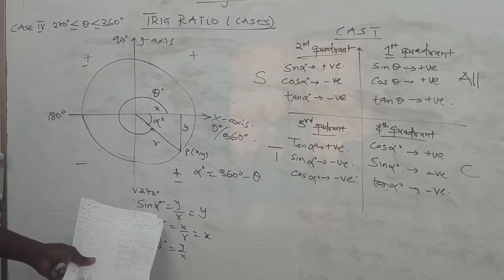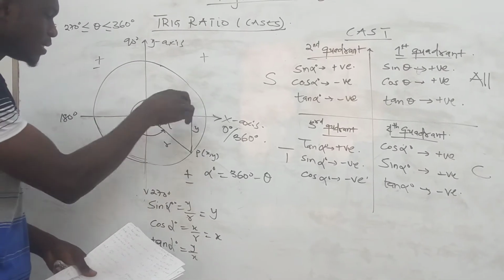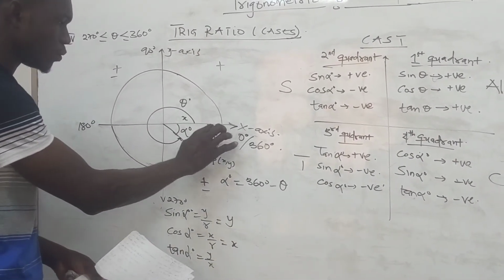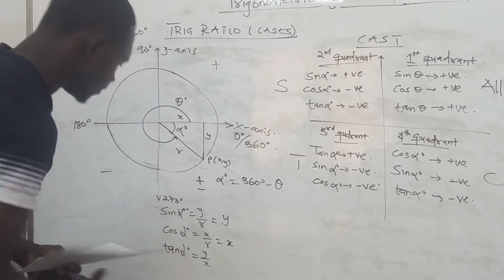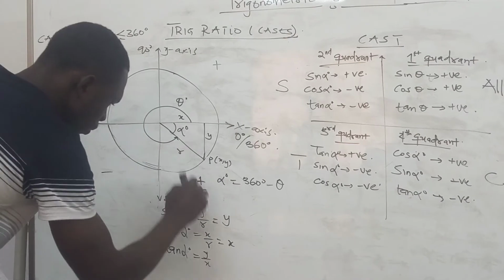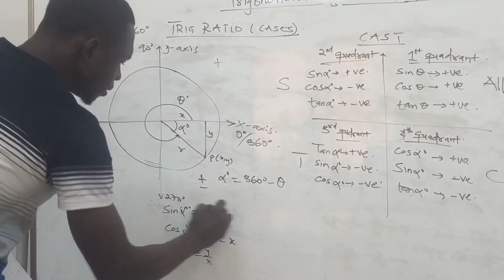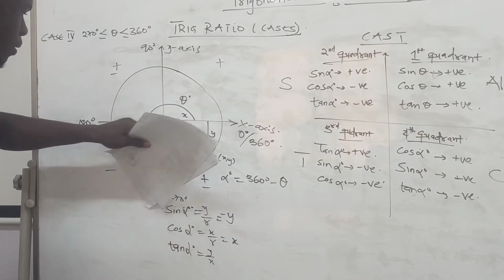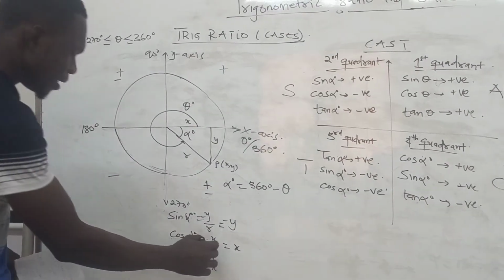So for sine of alpha degree here, we know that the y is moving towards the negative direction. So distance y is made negative. So here sine will be negative. And in the same way, cos. The cos is x over the unit distance r.